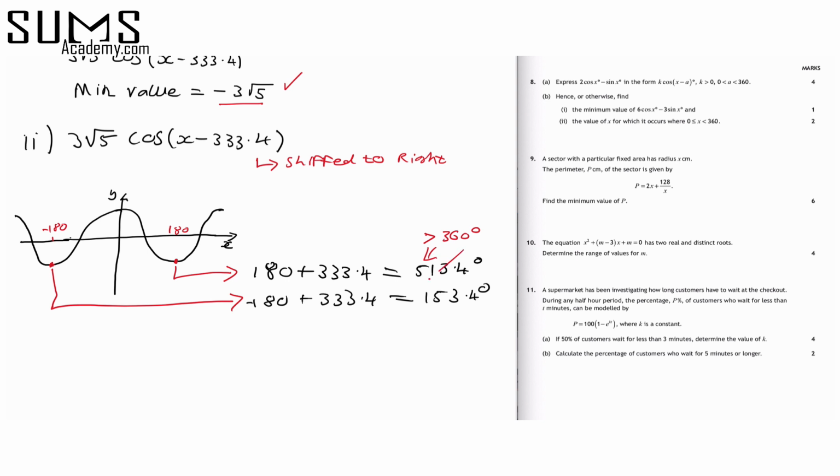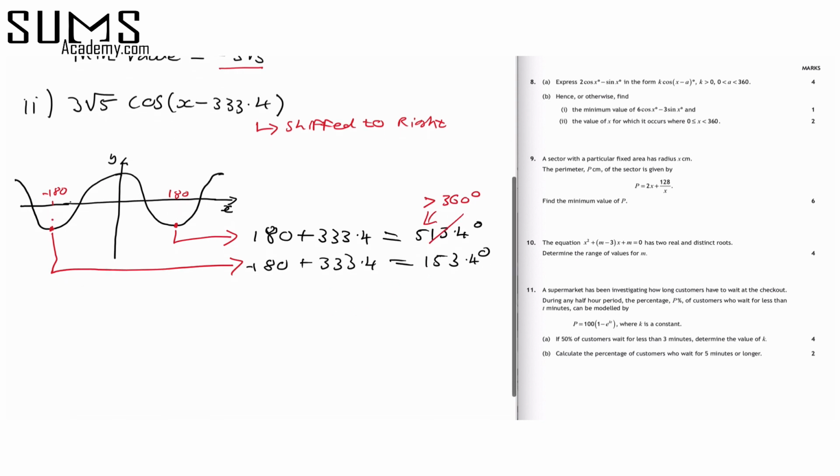Okay, so what we need to notice here is that this first value is larger than 360 degrees, right? So it's invalid. So the answer we need to use is the other one, where you started, shifted 333.4 along, and that gives you your final answer here. So this is the answer we're looking for, 153.4 degrees.